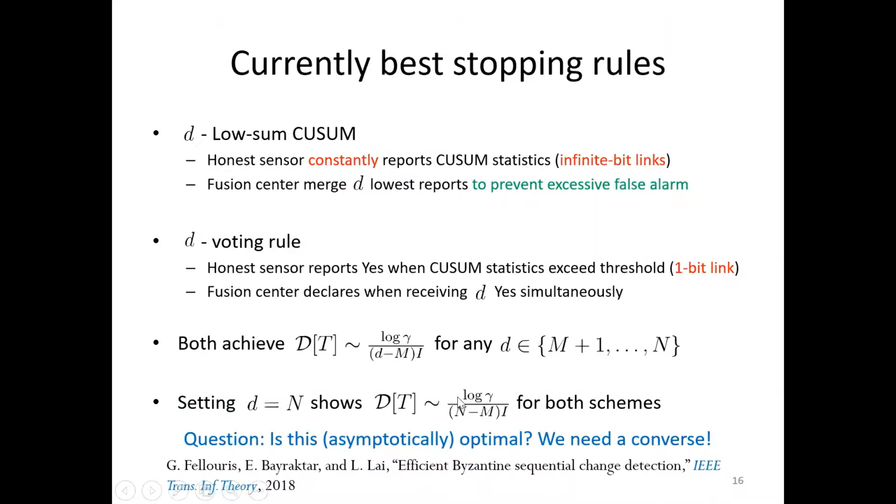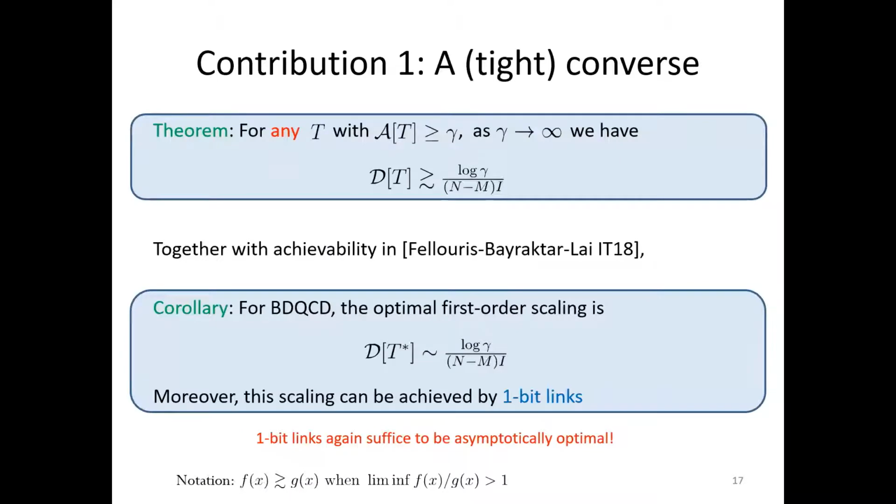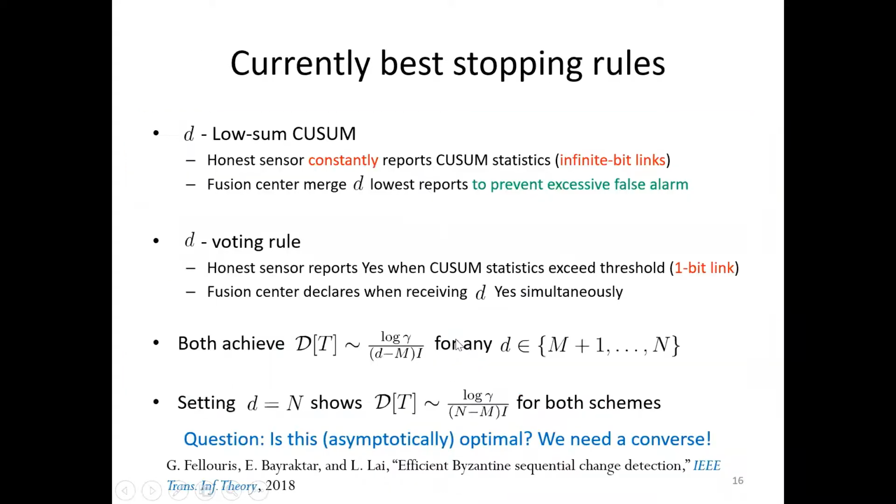Okay, so combining these results and our converse, we show that for BDQCD, the optimum first order scaling is this one. Okay, and moreover, since this delay can be achieved by the D voting rule, and here the D voting rule only requires a 1 bit bandwidth constraint, right?